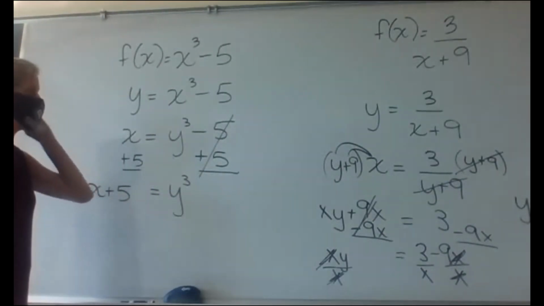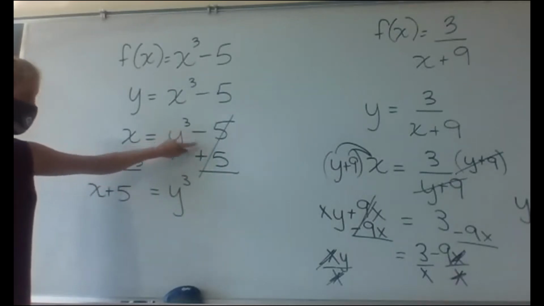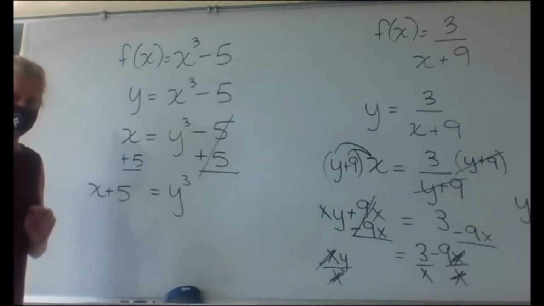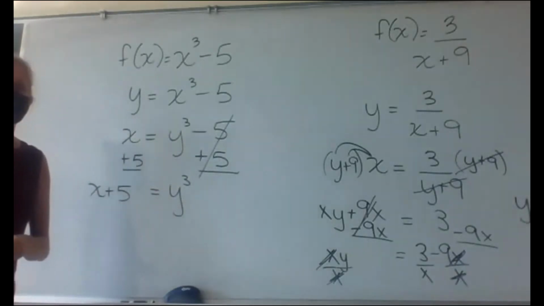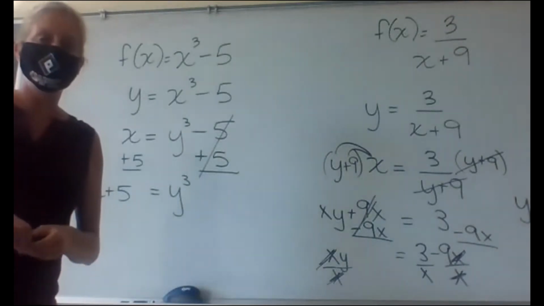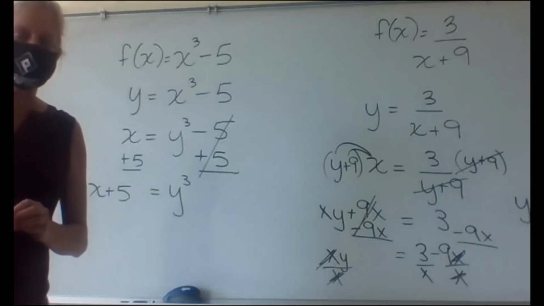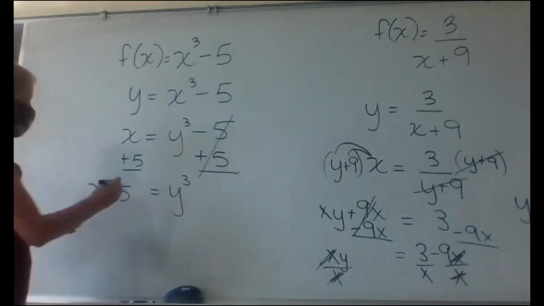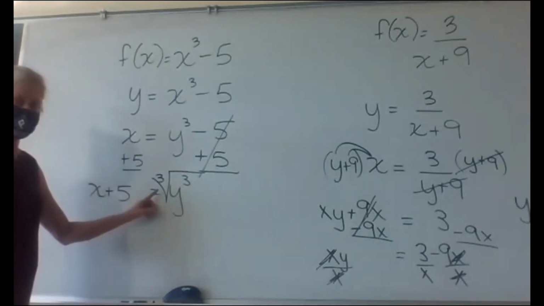So how do you get rid of stuff? How did I get rid of minus 5? Well, I got rid of it with plus 5 because they're opposites of each other. They cancel each other out. So to get rid of this cubed exponent, I need to figure out what's the opposite of cubing the y. The opposite of cubing is taking what's called the cube root, the third root.